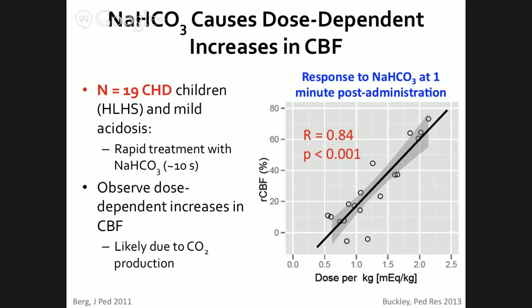And this correlation goes away basically by 10 minutes after injection. But this was really interesting because these dose-dependent increases in CBF are an important consideration in vulnerable populations where the risk of a rapid fluctuation in cerebral blood flow does not outweigh the benefit of treating the acidosis.